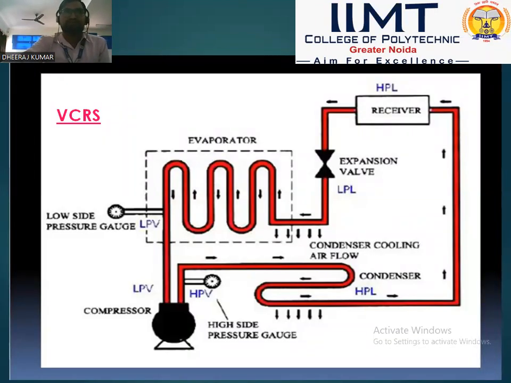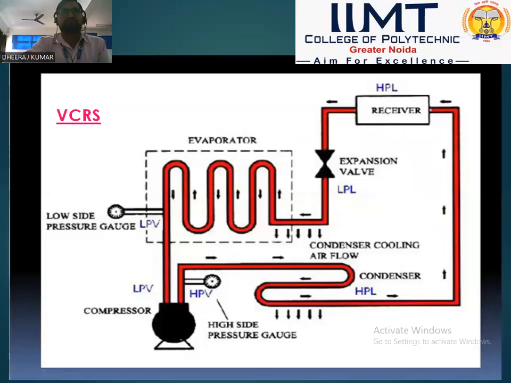Now VCRS. The full form of VCRS is Vapor Compression Refrigeration System. A vapor compression refrigeration system consists of four main parts: first, compressor; second, condenser; third, evaporator; and fourth, expansion device.